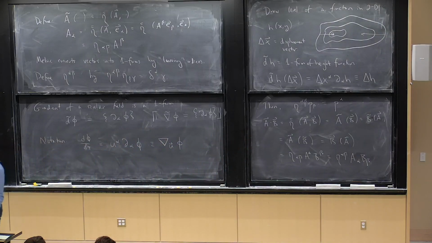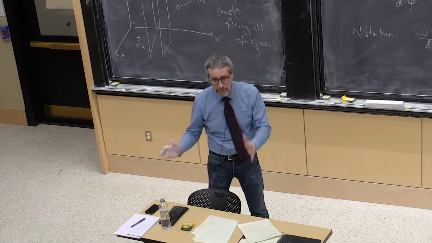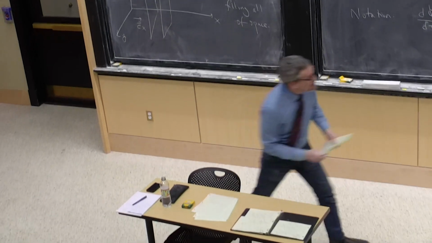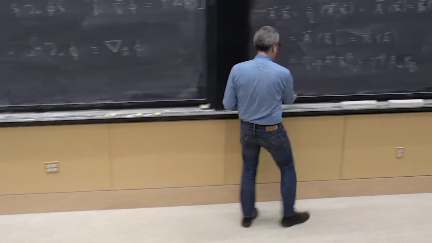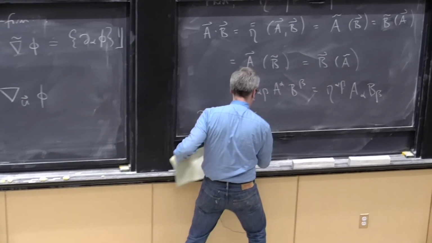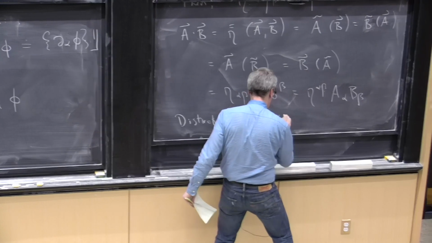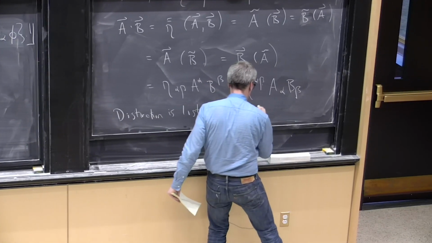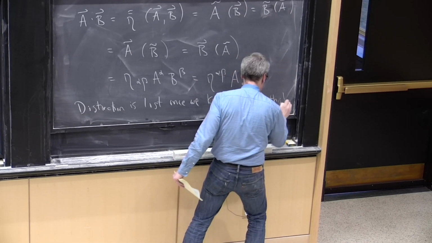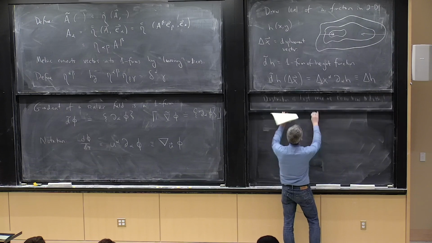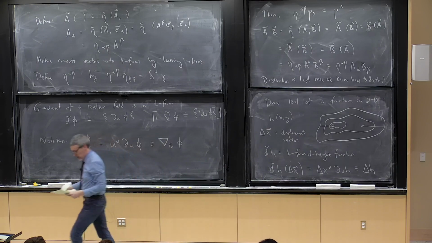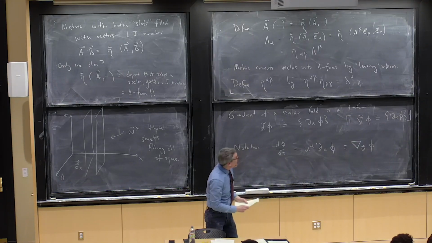And actually making a distinction between vector and one-form and all that, it's just kind of gotten stupid at this point. So the distinction among these different objects, the different names, kind of doesn't matter.